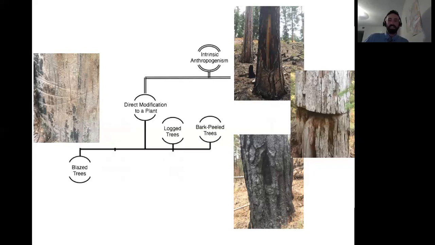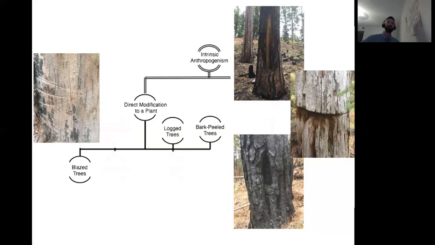Here you see we first look at direct modifications to plants, things like tool marks in peeled trees, actual peeled trees, which are the activity done by tribes to essentially separate the bark from certain species of trees, often to get at the cambium underneath, because it's kind of like a sweet delicacy in the Northwest particularly. Sometimes it's nicknamed Indian ice cream.